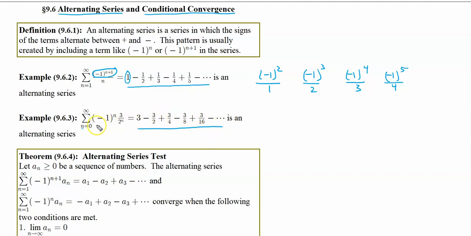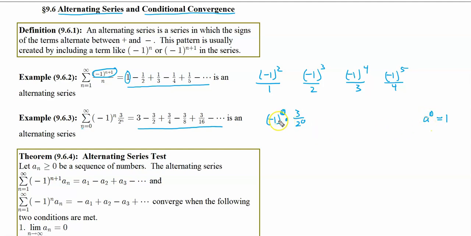So let's just do a few terms here. Notice if we put 0 in for the n, we get (-1)^0 times 3 over 2^0. And remember, by convention, any number to the 0 power is 1, except if a is 0, of course, then you have an indeterminate form.